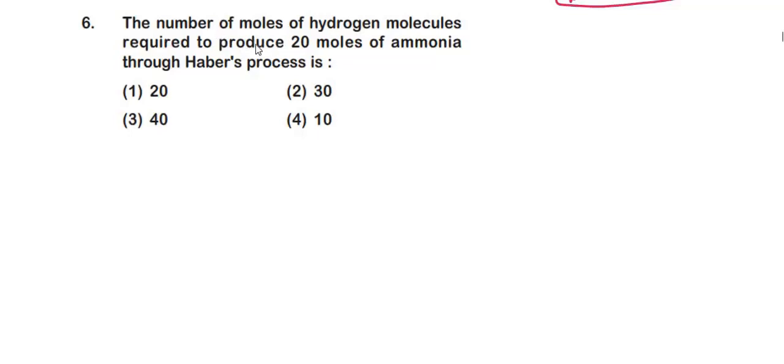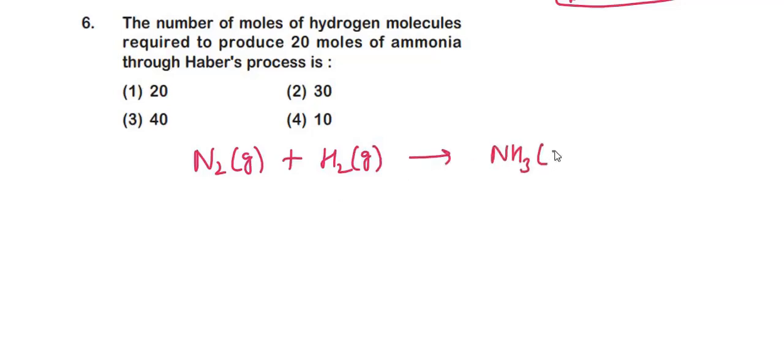Now the next question is the number of moles of hydrogen molecule required to produce 20 mole of ammonia through Haber process. First of all, you must know the equation by which we can obtain ammonia during Haber process, and the reaction is when N2 reacts with hydrogen, it gives us ammonia.